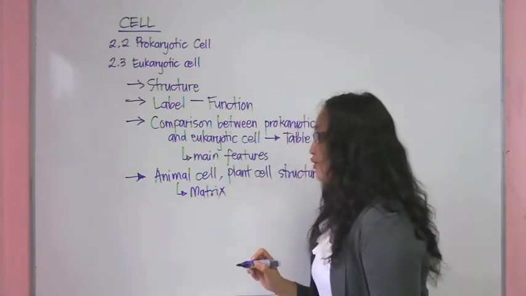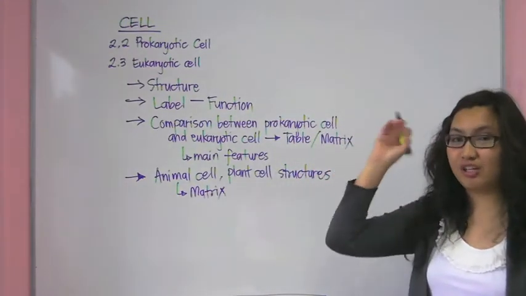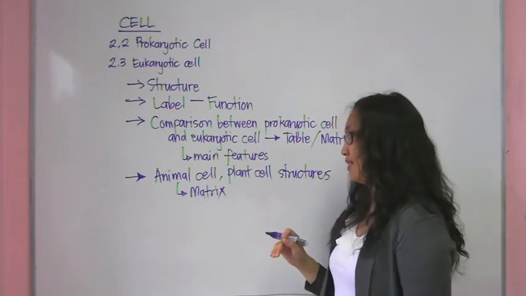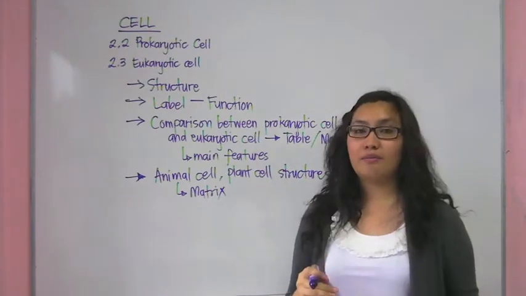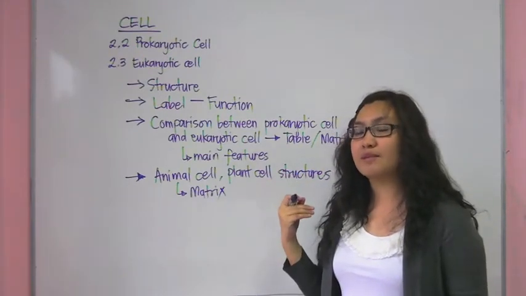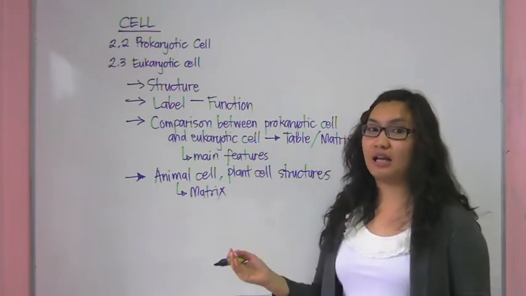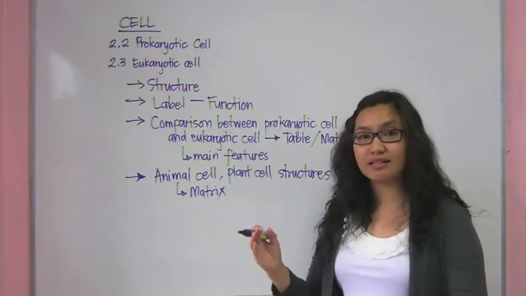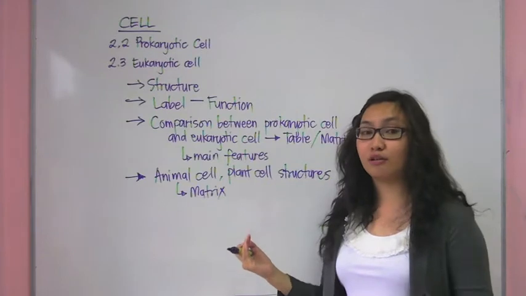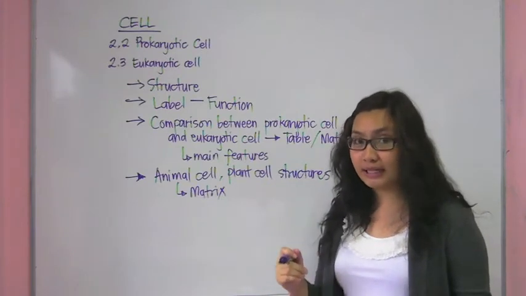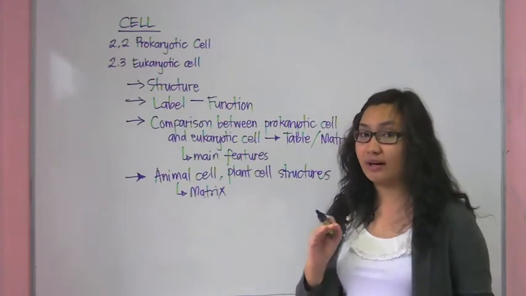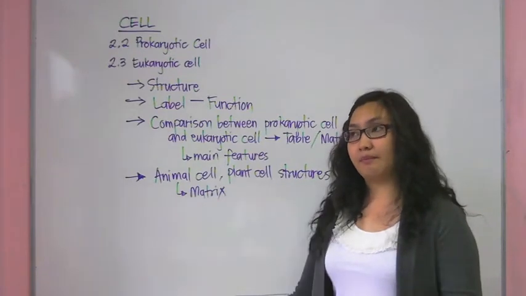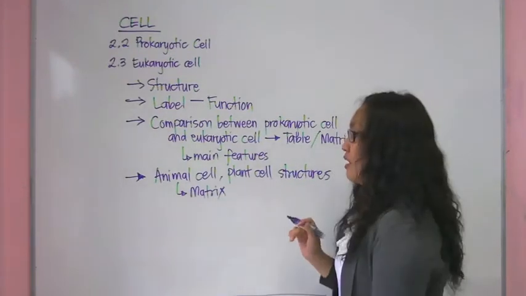Okay, so by using a matrix, you can also elaborate on the features that are present for both animals and plants. So for example, the presence of a cell wall. Cell wall is only present, obviously, in plant cells, whereas in animal cells it is absent. The presence of chloroplast. Chloroplast is an organelle that can only be found in plant cells, whereas it is absent in animal cells, such as that.